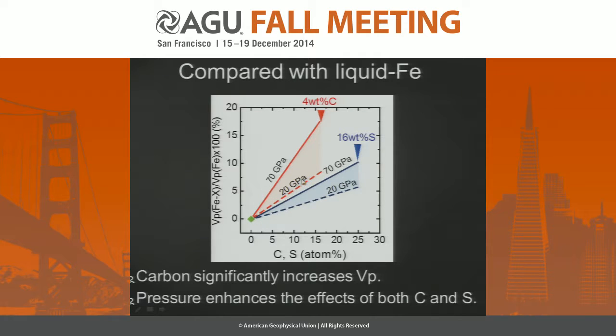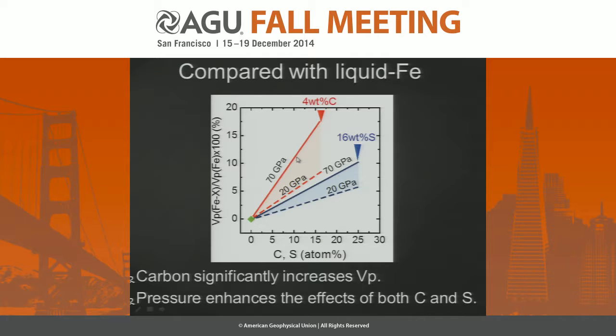The solid and broken lines show the difference for carbon data relative to iron at 20 GPa and 70 GPa, and for sulfur, at 20 GPa and 70 GPa. In this plot, for example, at a given 15% carbon or sulfur, carbon significantly increases velocity over liquid iron.